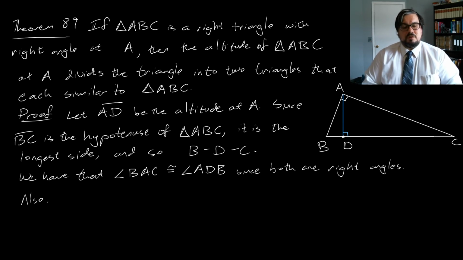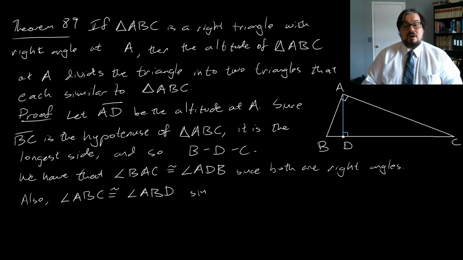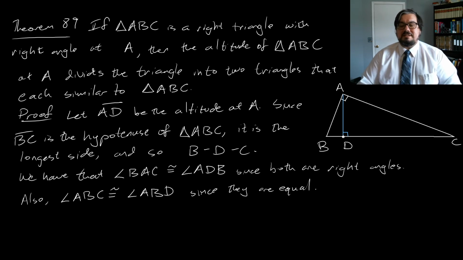Also, we have that angle ABC is congruent to angle ABD, since they are equal. The angle ABC and the angle ABD are exactly the same.